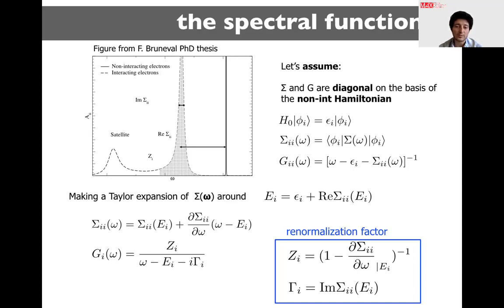This Z_i is called the renormalization factor and depends on the frequency derivative of the self-energy, and the imaginary part of the pole is actually related to the imaginary part of the self-energy at that energy.